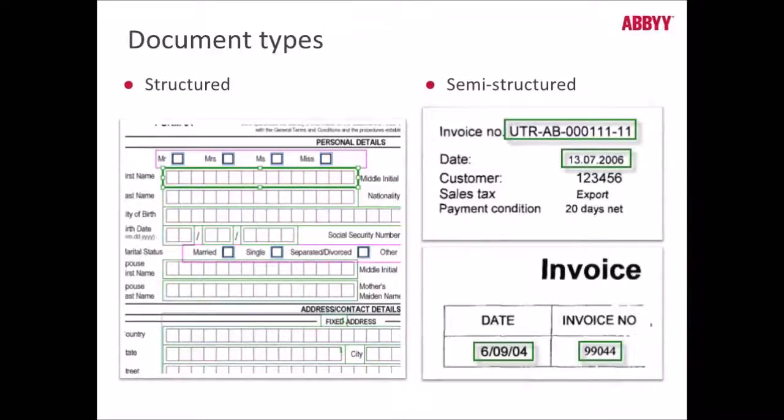Maybe the most popular example of semi-structured documents is invoices. Invoices usually have similar fields with similar types of data. However, the positions of the fields are not rigidly fixed. The useful data is placed differently, with fields positioned relative to other fields' captions.